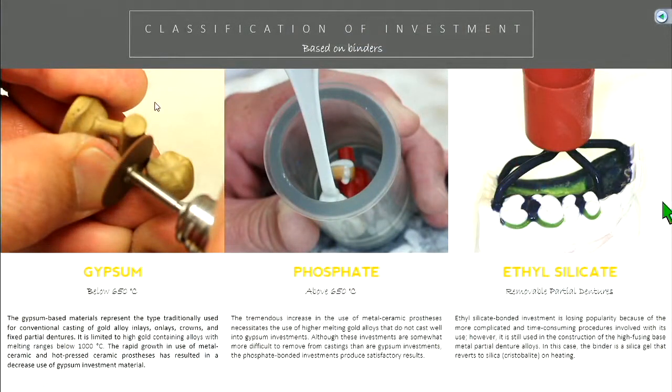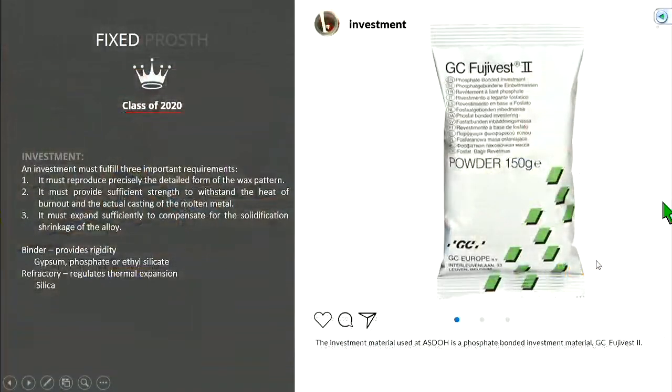Again, just to reemphasize, gypsum is for high gold-containing alloys that melt at relatively lower temperatures, and this we don't use. We use in the industry now mostly phosphate bonded for crowns, and then ethyl silicate for our RPDs.